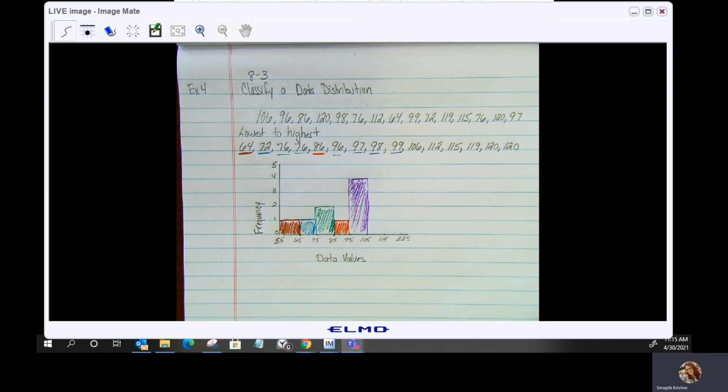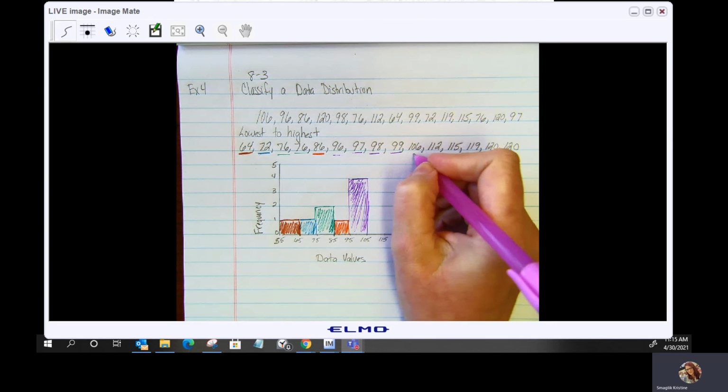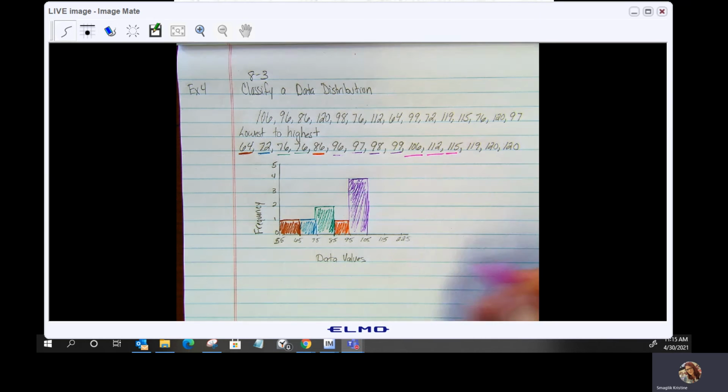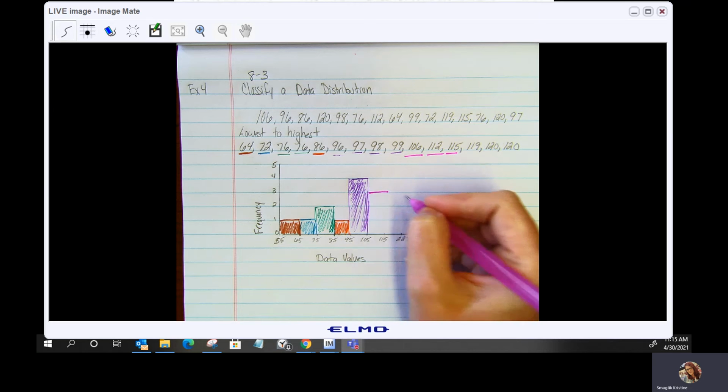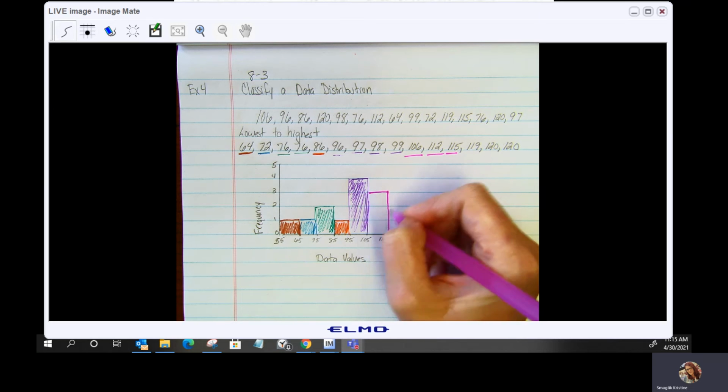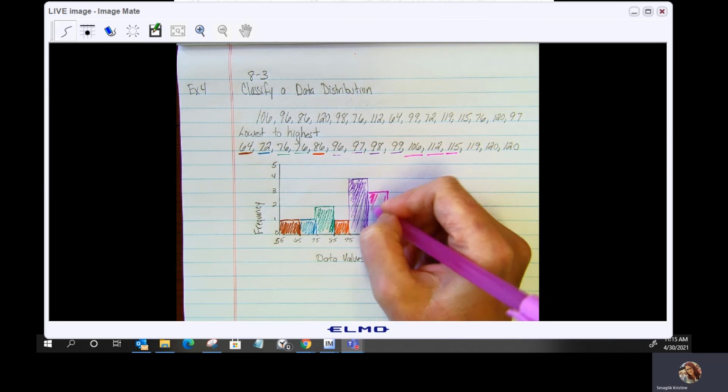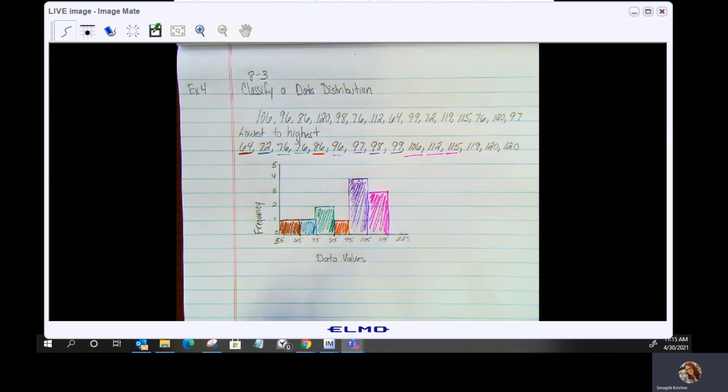From 106 to 115, 1, 2, 3. And then from 116 to 125, I have 3.